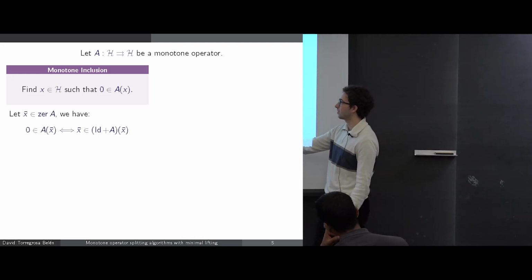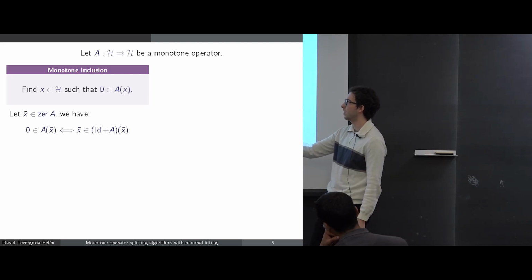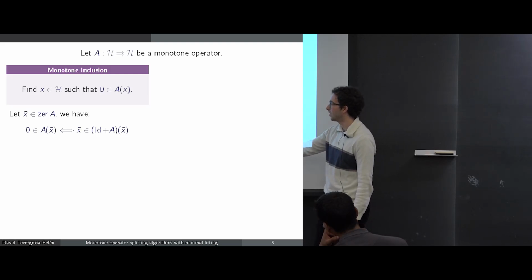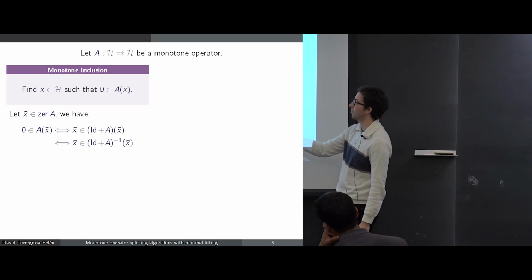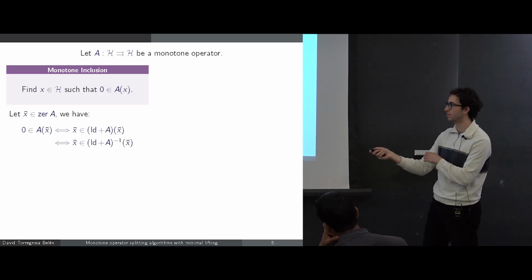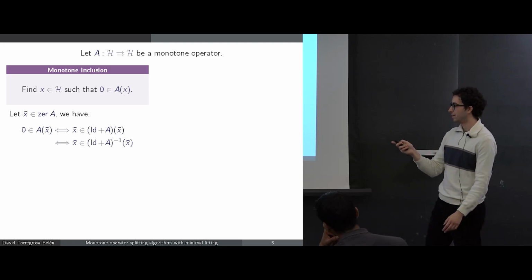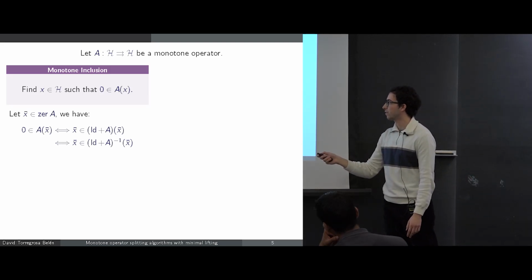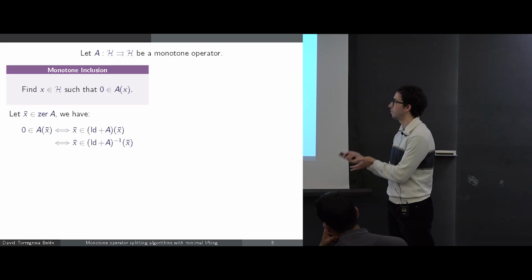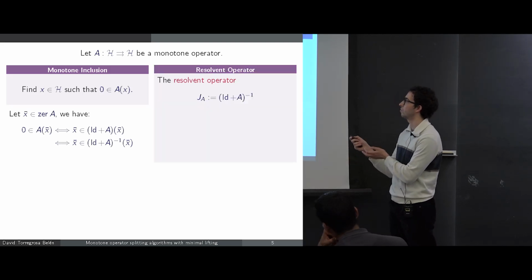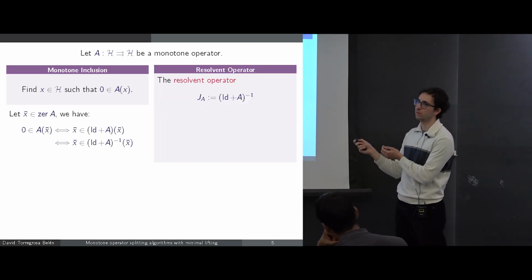This is equivalent to saying that x bar belongs to the image of the identity plus A at x bar, so x bar also belongs to the preimage of the identity plus A at x bar. And this thing that we have here has a name. It's a very important operator which is called the resolvent of A. Okay, so it's given in this form.